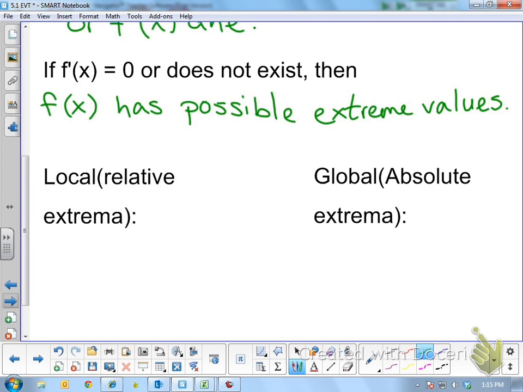A local extreme value only occurs on a small area of the graph.